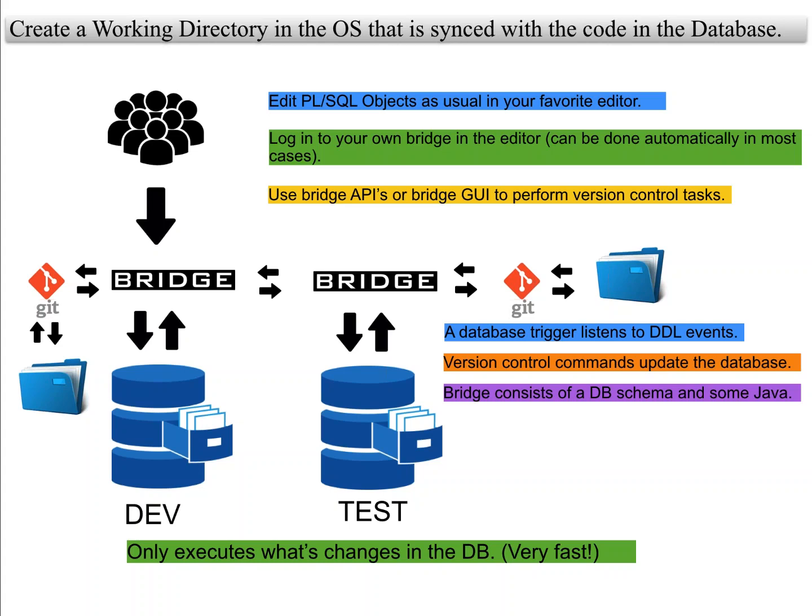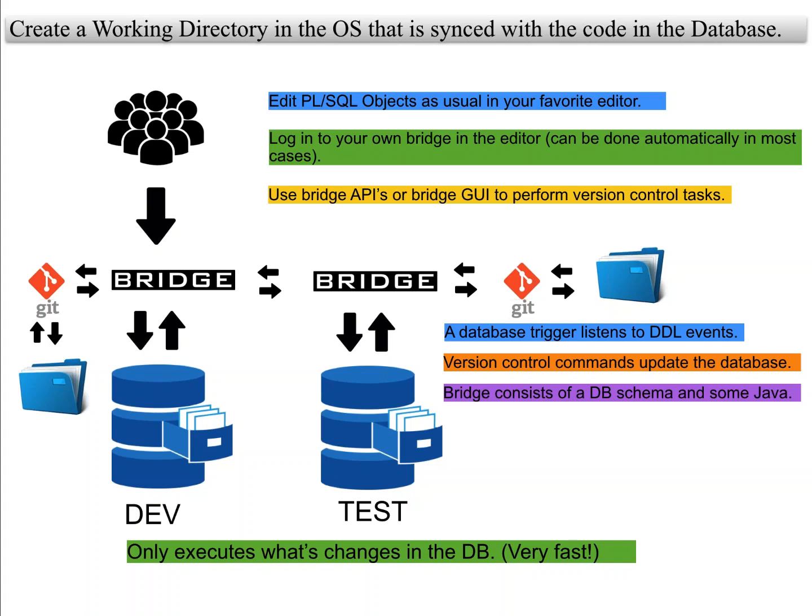One thing I didn't mention while you guys are typing the questions, when we want to move our code from dev to test, again, we don't generate scripts. All we do is to execute what's called a pull command from one Git repository to the other.